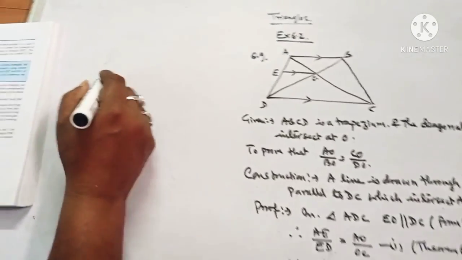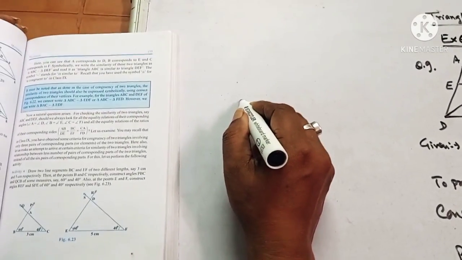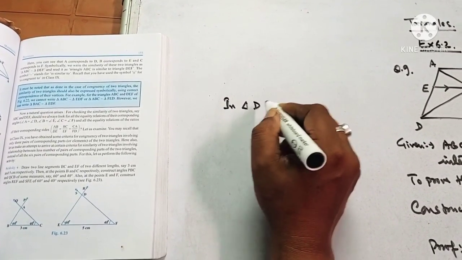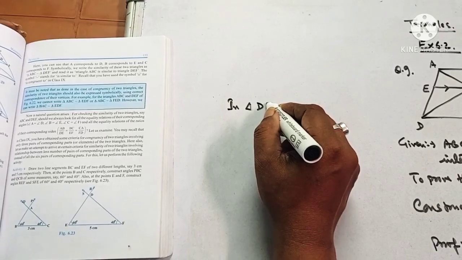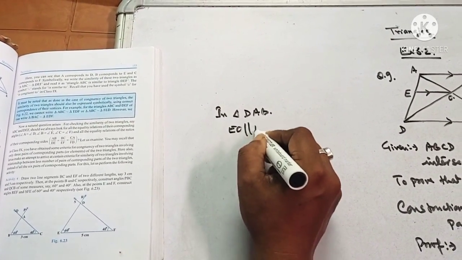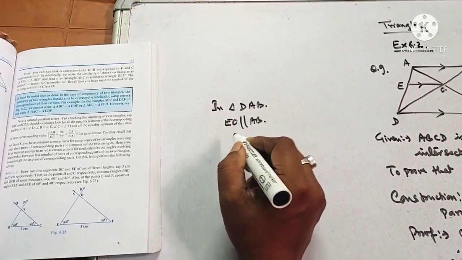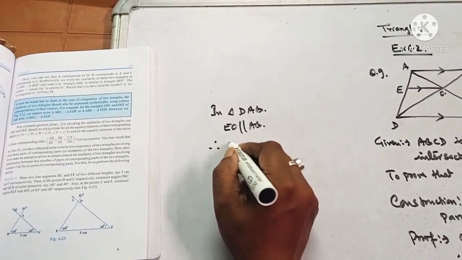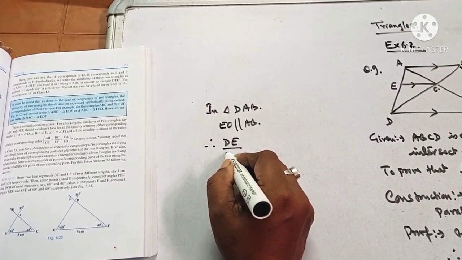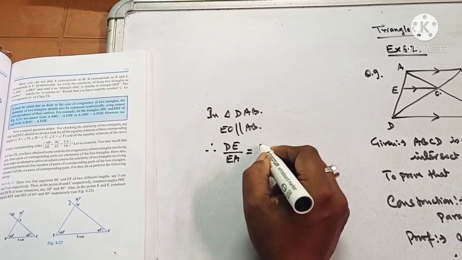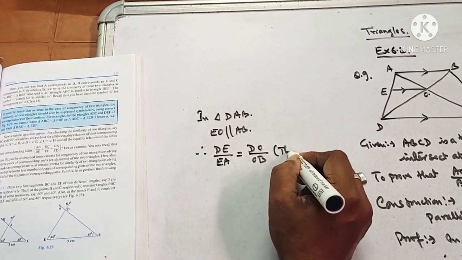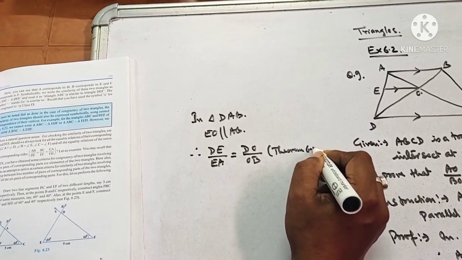Now in triangle DAB, EO is parallel to AB. Therefore, DE by EA is equal to DO by OB from theorem 6.1.